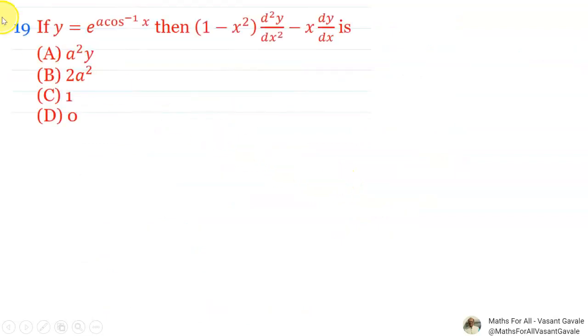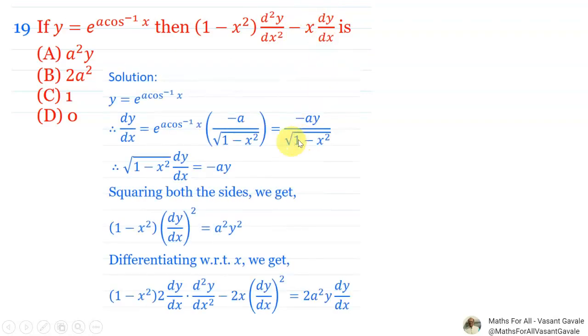नेक्स्ट एक्झाम्पल, if y is equals to e raised to a into cos inverse of x, then in bracket 1 minus x square into d2y by dx square minus x times dy by dx is equals to? y is equals to e raised to a cos inverse of x, dy by dx is equals to e raised to a cos inverse of x into derivative of a times cos inverse of x is minus a upon in root of 1 minus x square.